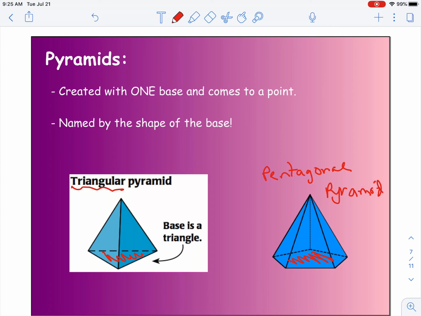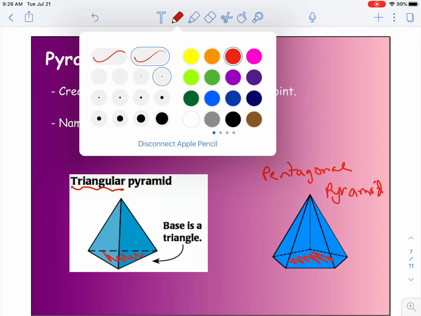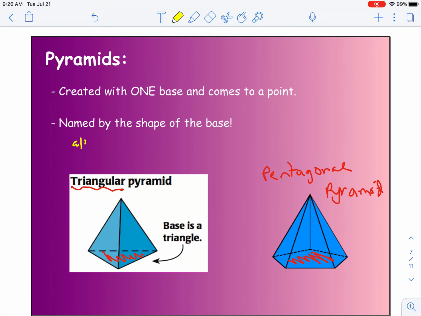Now, again, there's only one single base, so one thing to look for is not only is there only one base, there's not a parallel congruent base with it, but also notice all the other faces in a pyramid are triangles.